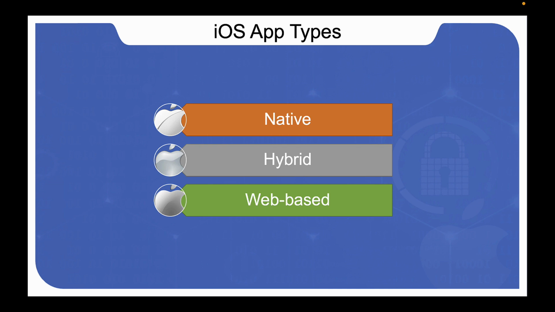They can as well be integrated, or they can use some Objective-C or Swift language. The web-based are responsive versions of websites built for working on mobile devices. In this course, we will be mainly focusing on the native iOS applications built with Objective-C and Swift language.